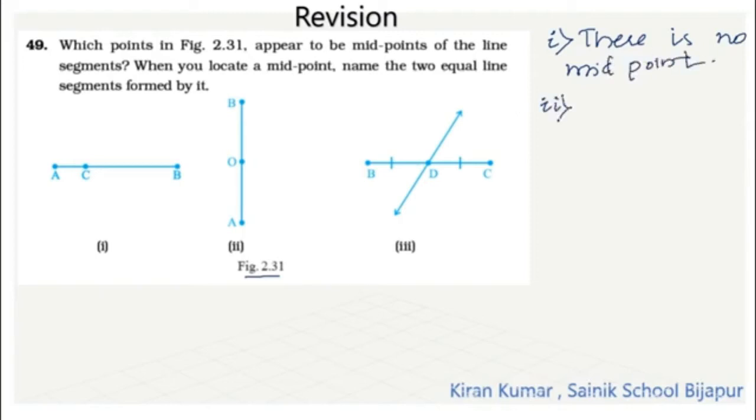For the second figure, look at the distance between A and O, B and O. It appears that O could be the midpoint. If O is the midpoint, these two line segments must be equal.